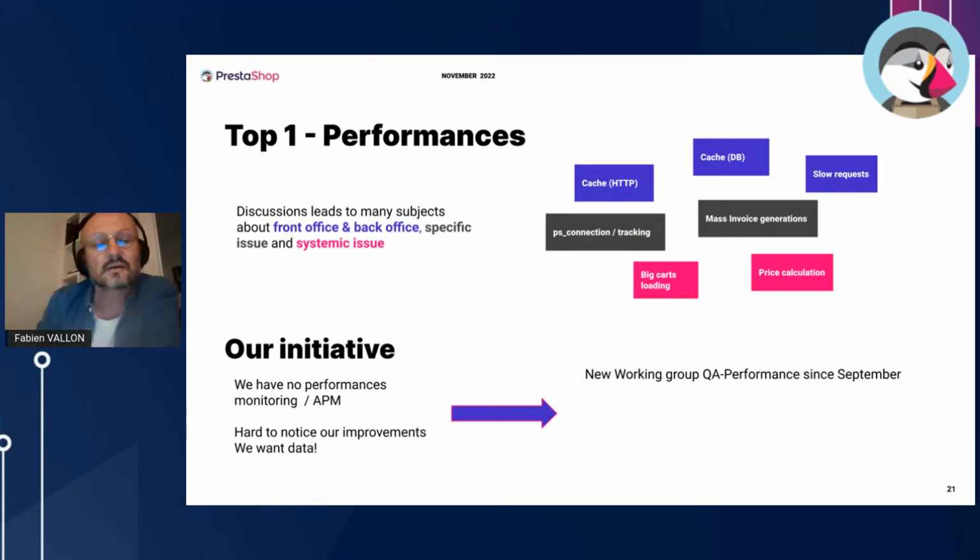So we can notice our improvements, for example, and have better data to focus on specific problems. And I think this platform could be open to the open source community next year.